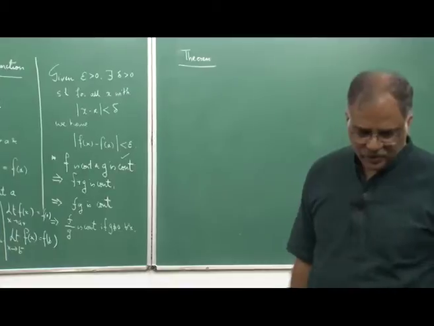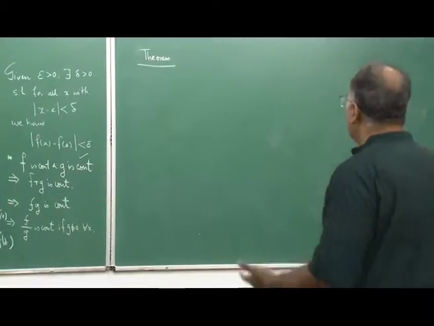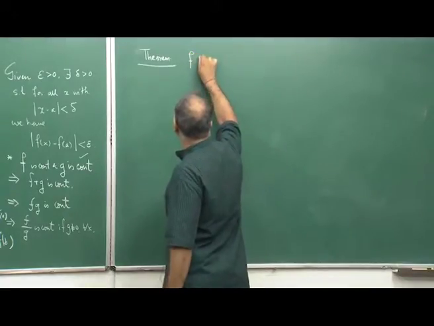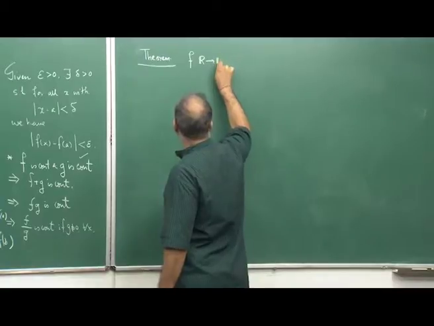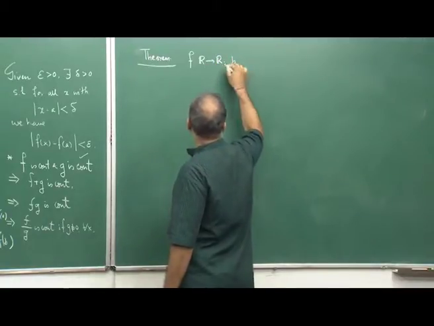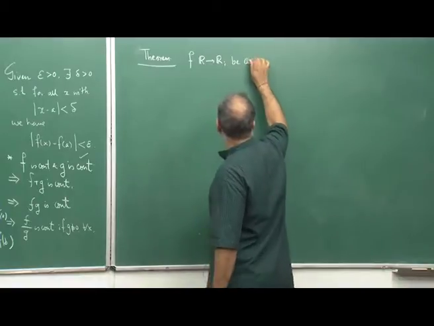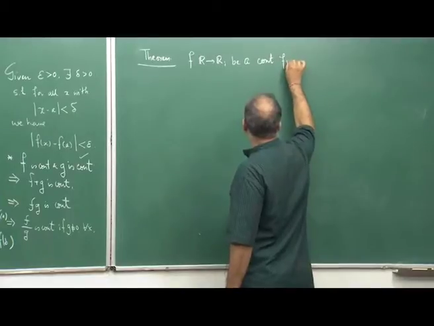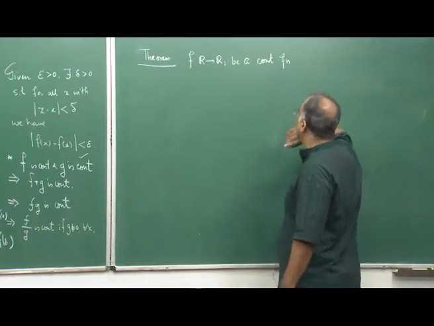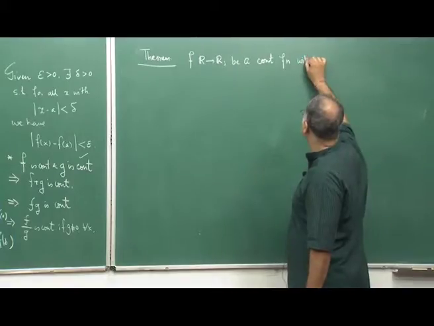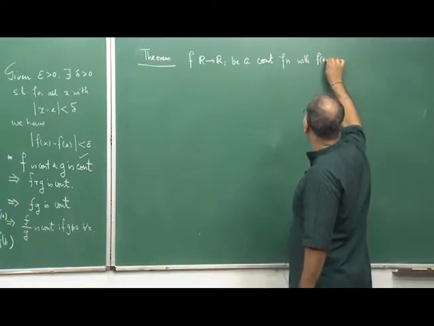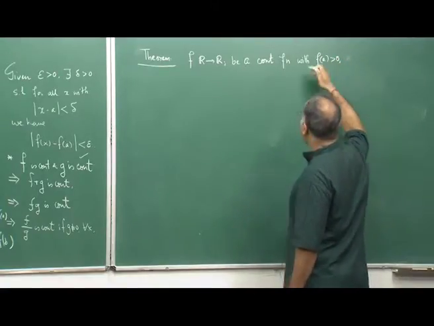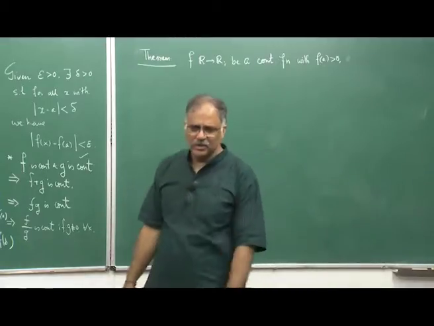Suppose f is continuous at a. Maybe let me just for the time being make the thing look much simpler. Let f from R to R be a continuous function. CONT is my short for continuous and Fn is my short for function. Be a continuous function with f(a) strictly bigger than 0, where a is an element in R for which f(a) is strictly bigger than 0.